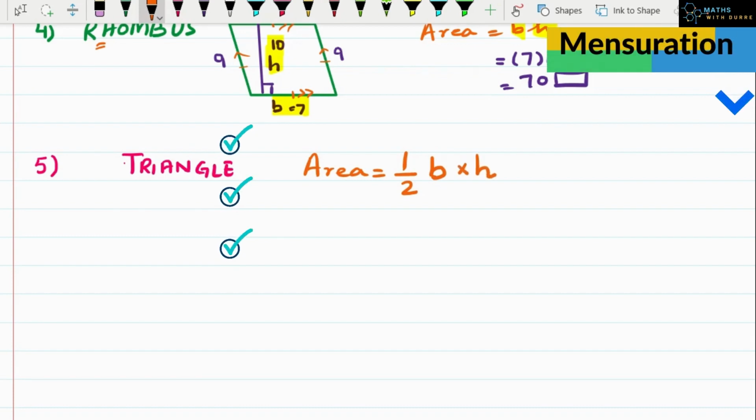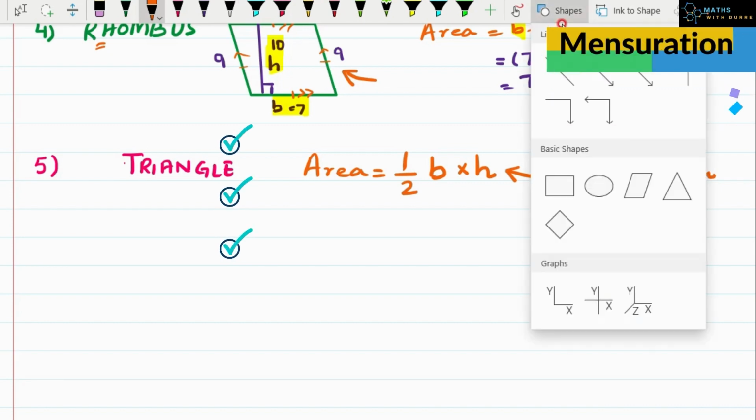So what is the height here? As we told you earlier in other questions, height is always the 90-degree distance from the third point to the baseline, or you can say it should always be a perpendicular, right?